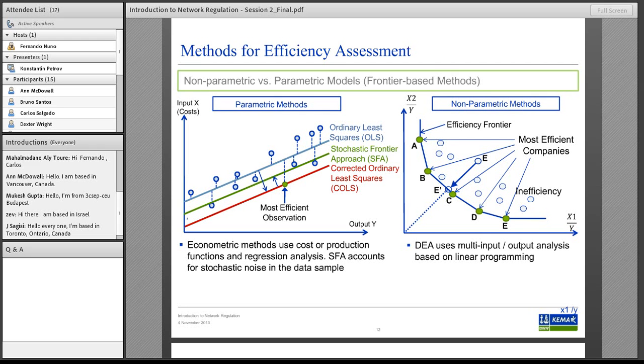Moving now to the right side of the slide, you can see the so-called data envelopment analysis. What you can see is one configuration which is input based. We have a company which has two inputs, x1, x2, and producing one output, in this case y.